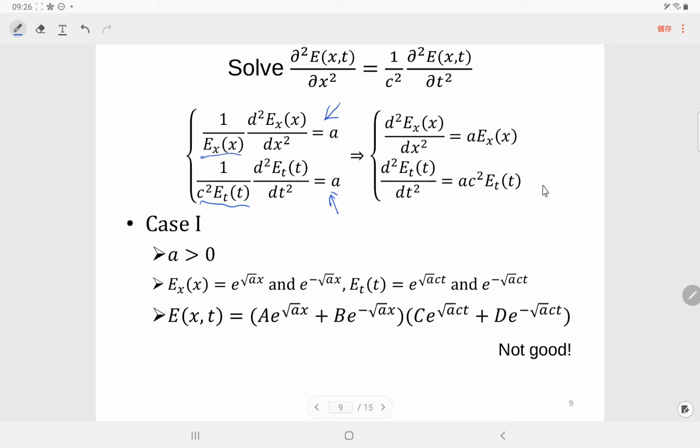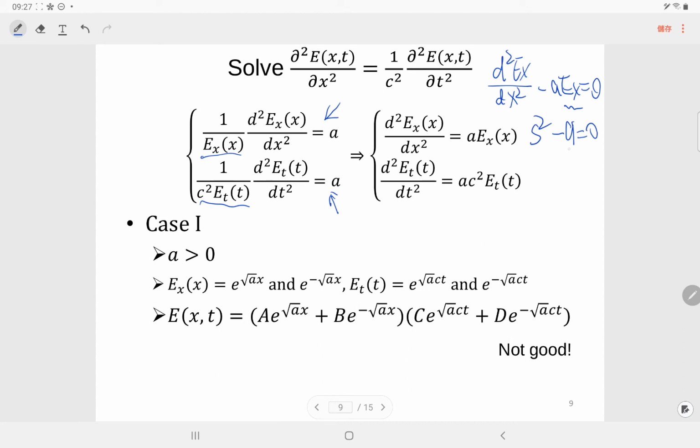So if a is larger than 0, this one is somehow like d²E/dx² minus aE equals 0, something like this, right? Suppose you need to solve it, you just change the second derivative to s squared, minus a, which is the original, so it's s squared minus a equals 0.